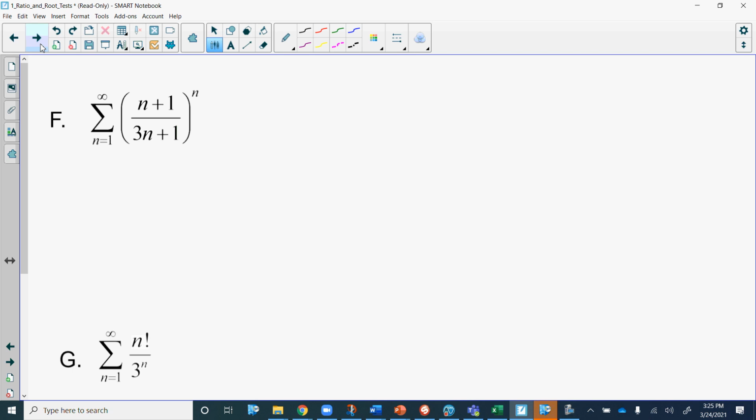Nth root, on this one here, this is very similar to the last example that we did on our root test. This one very much is going to look like a root test.